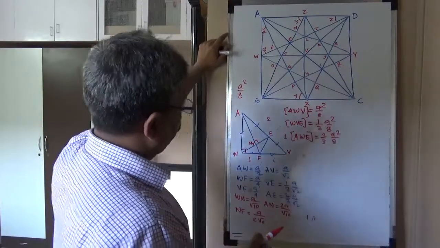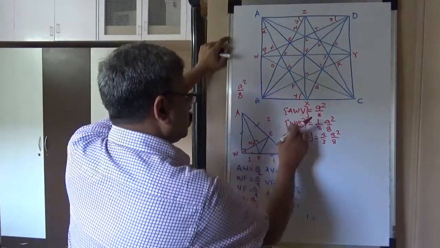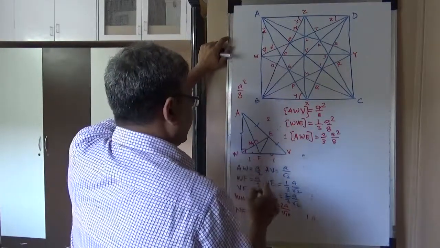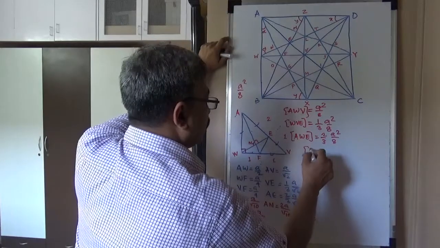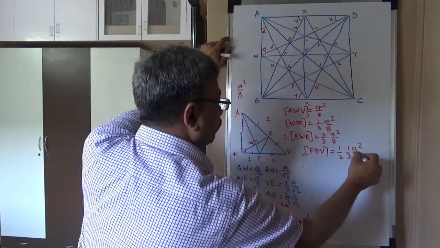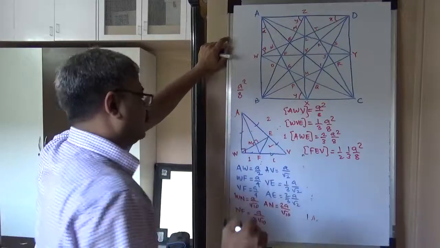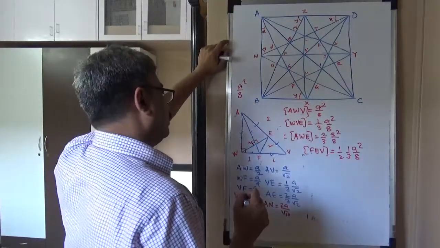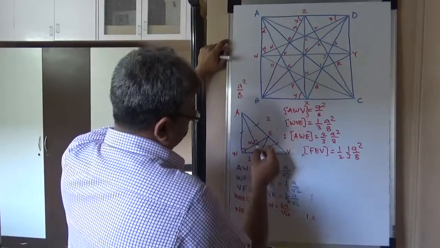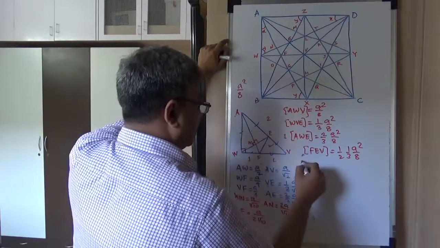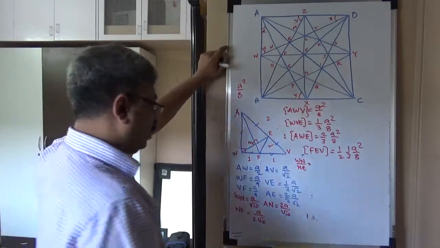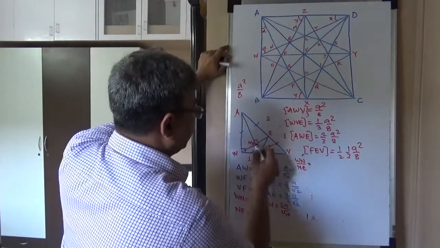Correct? Now we know these distances also, 1:2. So WVE is divided in the ratio half and half. Therefore the area of triangle FEV is 1/2 of 1/3 a square by 8. This is done. Okay. Now again we know this ratio WN upon NE, we will know when we find out distance NE.